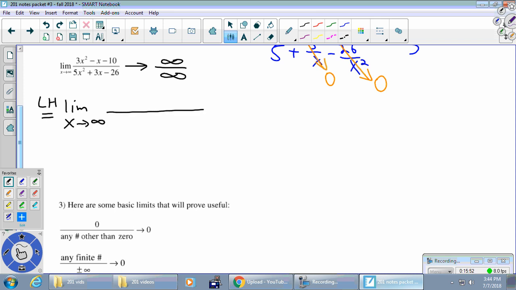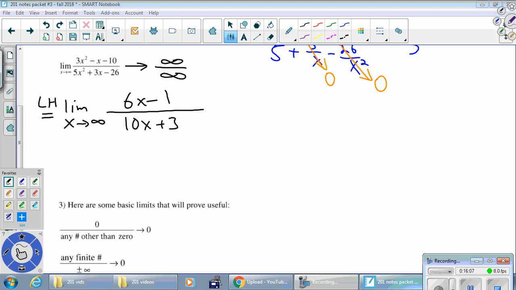And now we'll do our freshman dream, where we just take derivatives of top and bottom completely separately, not the quotient rule. 6x minus 1 over 10x plus 3. Okay, and then we're going to see what happens when we send x to infinity, because after all, this is a brand new limit.